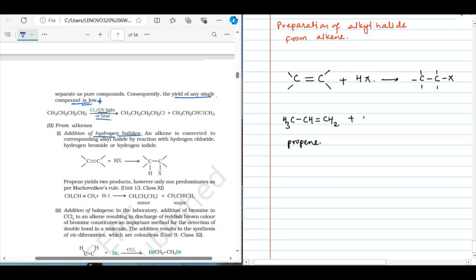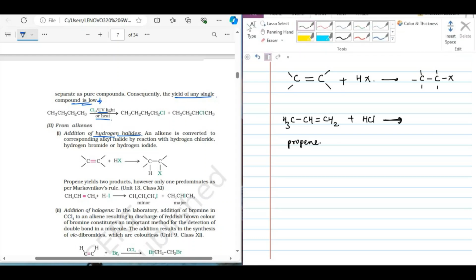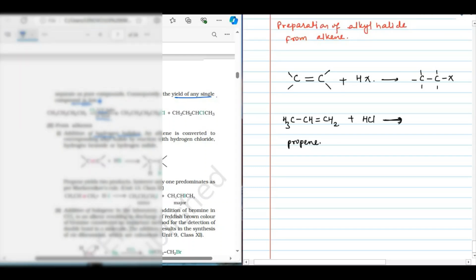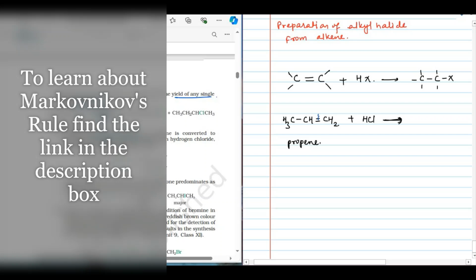When propene reacts with HCl, one of the bonds of the carbon-carbon double bond will break, and H and Cl will get attached to the respective carbons. So this reaction takes place according to Markovnikov rule. This is the MK rule. What is the MK rule?